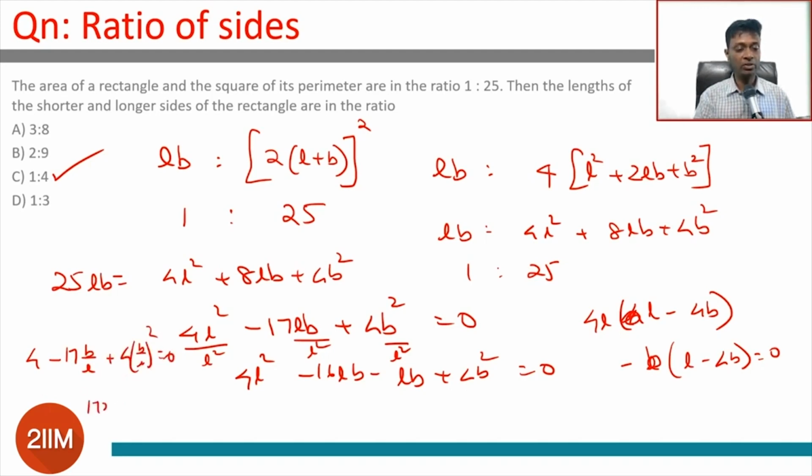We'll have 4 minus 17x plus 4x square equal to 0. x is what we need to find. You can simplify and find that. If you don't like dealing with a quadratic equation that has L and B, then create a b by l by dividing by l square throughout, and then you're done. You're dealing with only one variable.